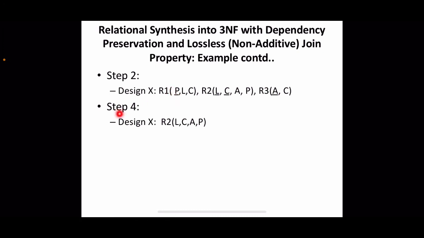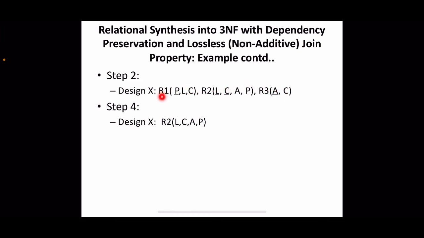Now step 4. What was step 4? Eliminate all those relations which are a projection of some other relation. So if we go through these 3 relation schemas, we can see that R1 is actually a projection of R2. Like that, R3 is also a projection of R2. R3 contains 2 attributes A and C, which are there already in R2.